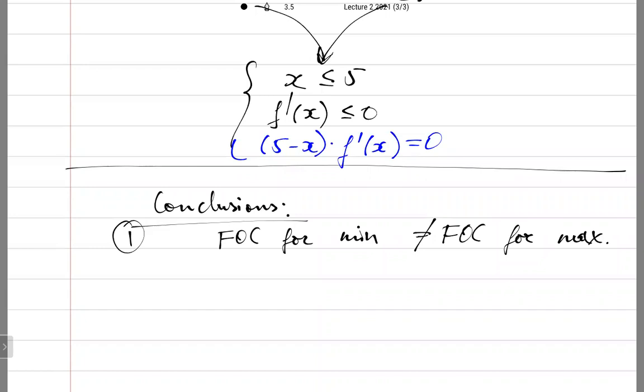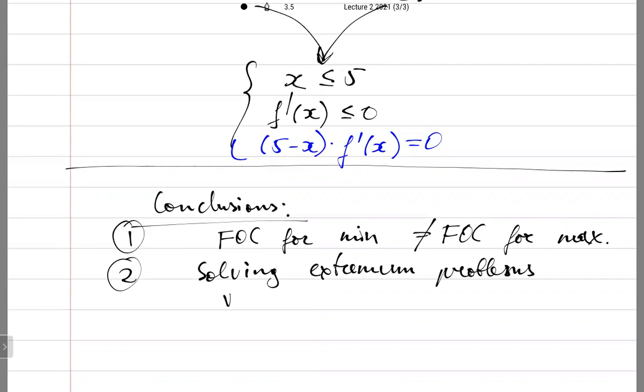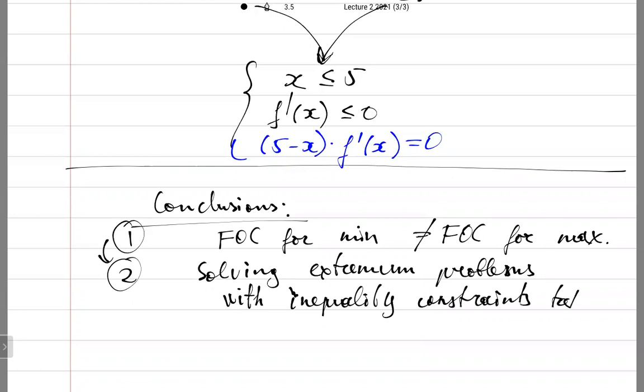So, second conclusion: solving extremum problems with inequality constraints takes much more time.